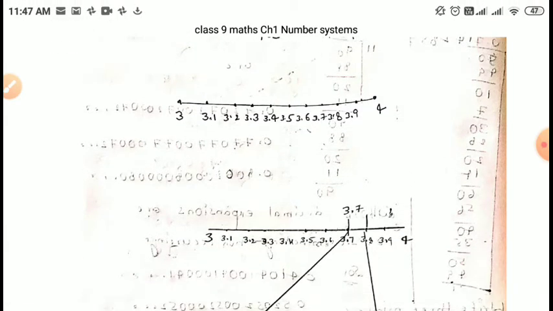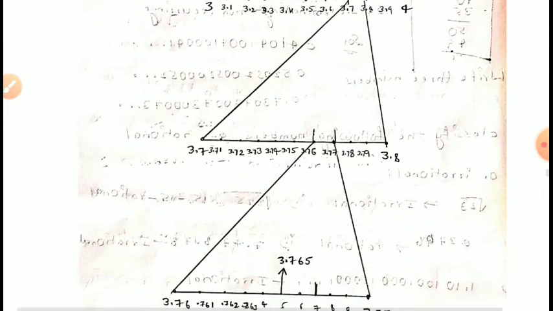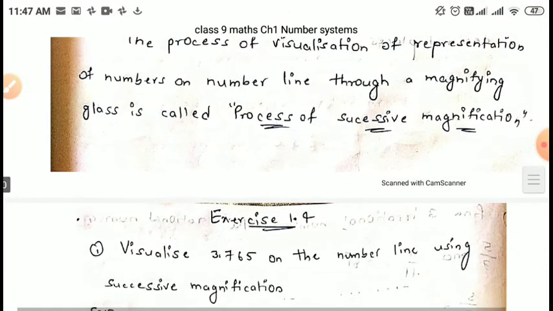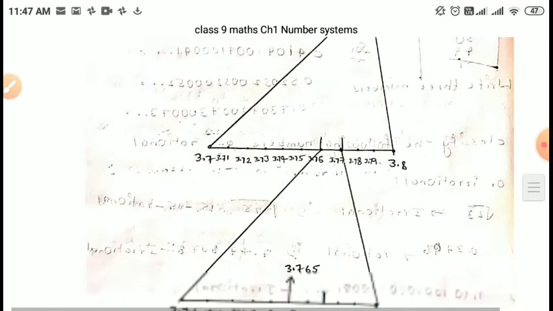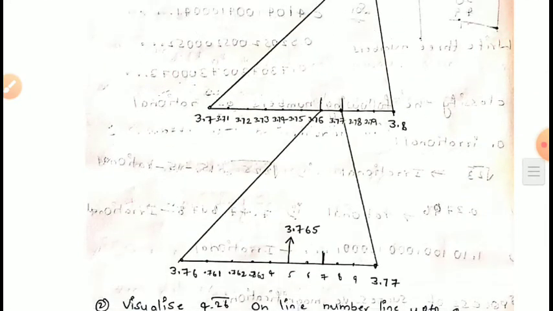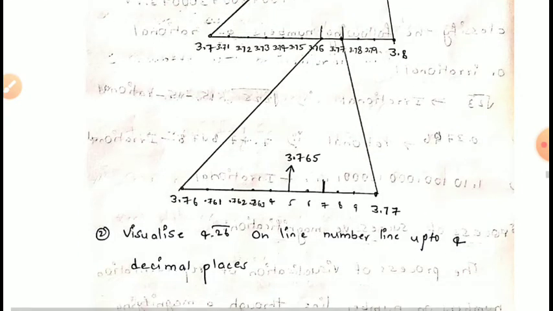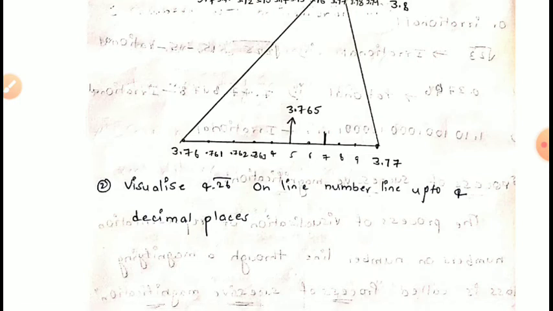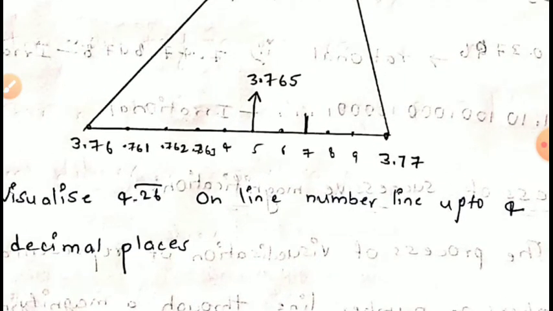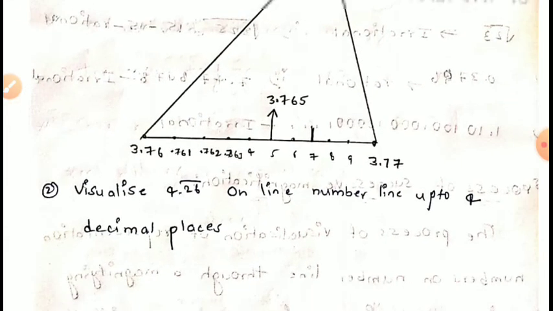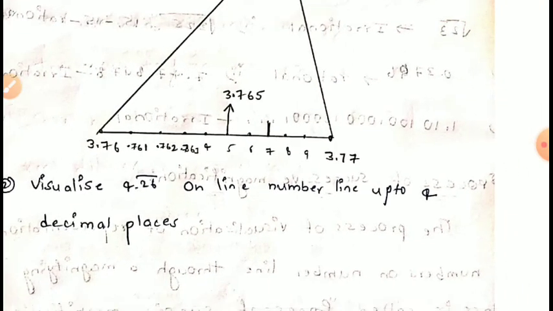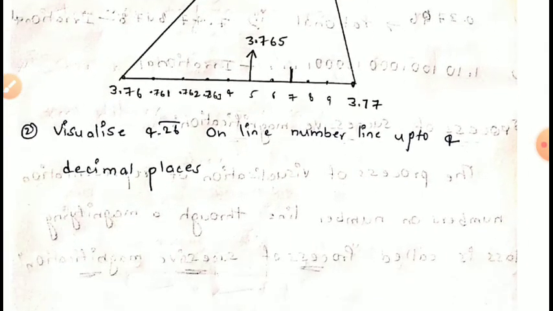If you are magnifying between 3.7 and 3.8, then between 3.76 and 3.77 is the required number 3.765. The numbers are not possible to write in 3 digits either. You take a very big number line and draw it, then you can visualize.